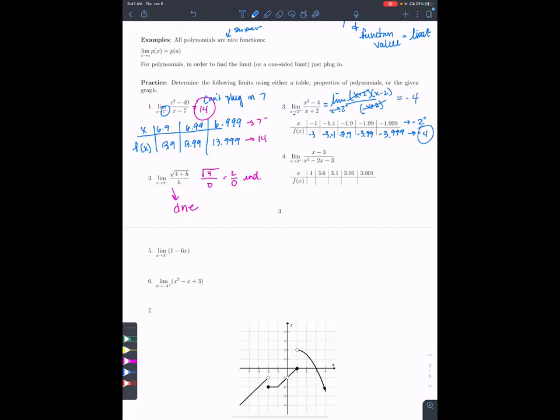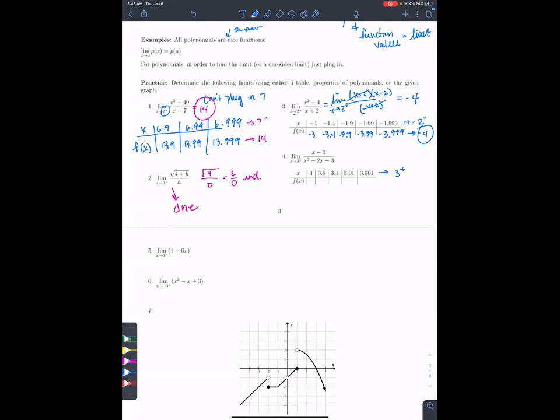So this equals -4. And then this next one, we have, again, a rational function, x minus 3 over x squared minus 2x minus 3. Looking at a table, and I'll show you how to do this algebraically in a minute, when we plug in 4, 3.6, 3.1, 3.01, 3.001, these are approaching 3 from the right.